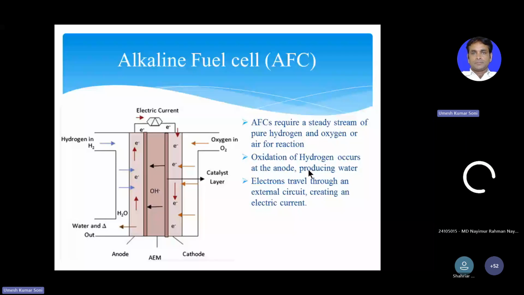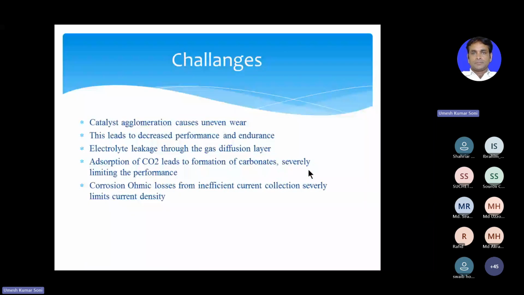What are the main challenges here? Catalyst agglomeration causes uneven wear, meaning this catalyst can wear and tear the electrodes, and this will decrease the performance and endurance of the fuel cell. Electrolyte leakage through the porous electrodes is another problem.